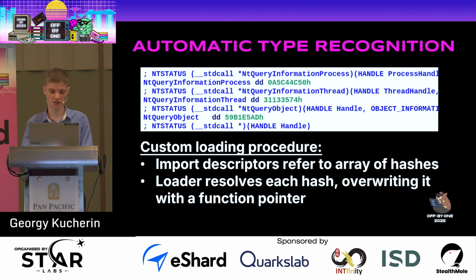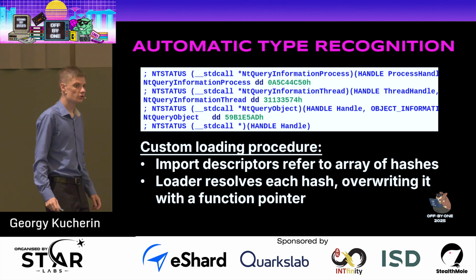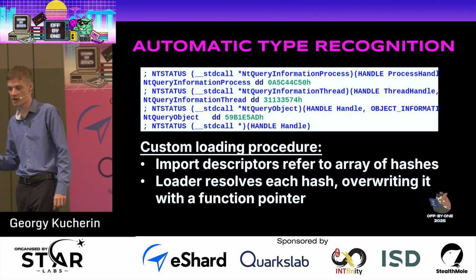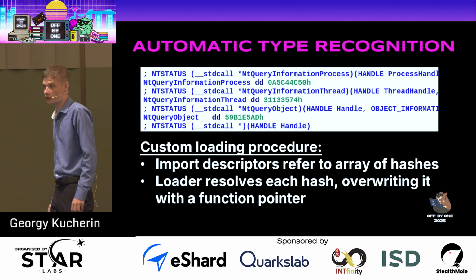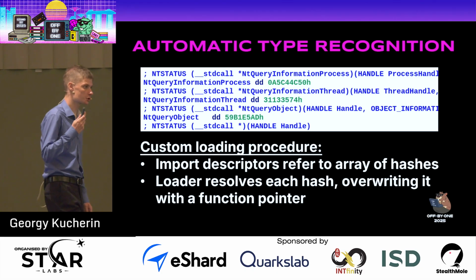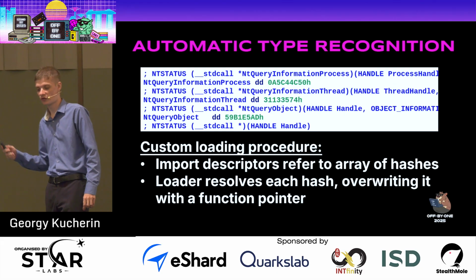What actually happens here is that the malware, as I said, implements a custom import resolution procedure. It looks at these values that we saw, which are CRC32 API hashes. And for each hash, it matches the hash with its corresponding function address. And then it overrides each hash with the function pointer.